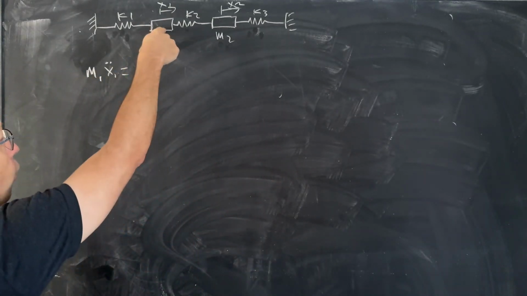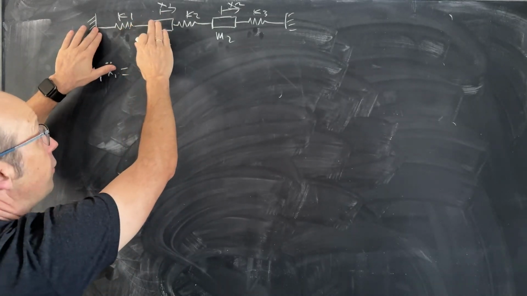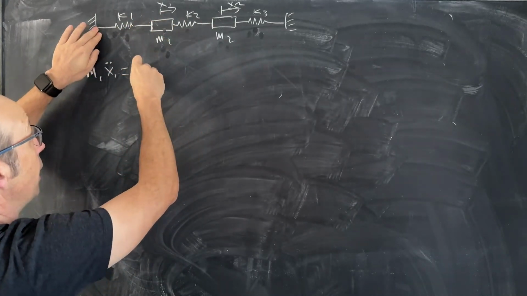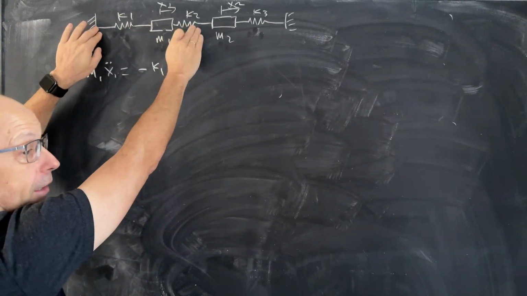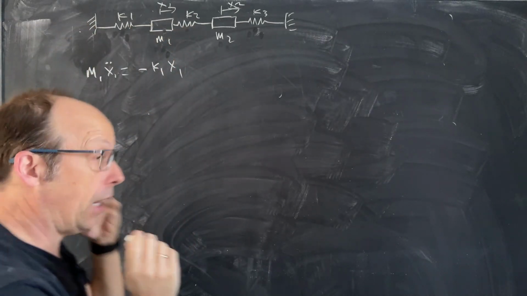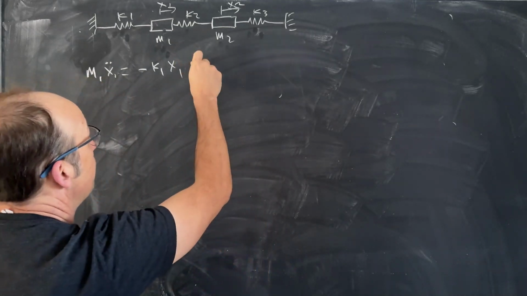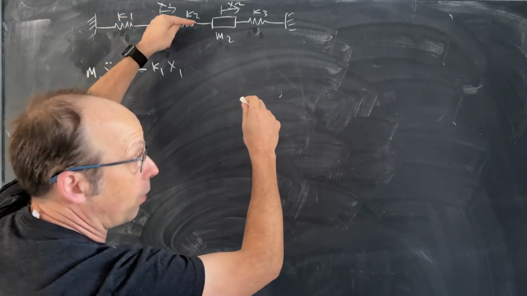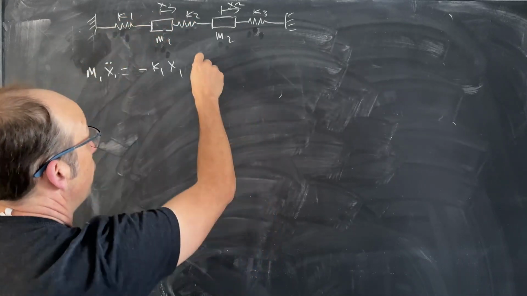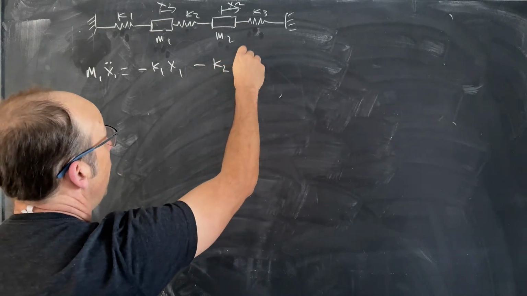Now, what forces act on this mass? Well, the first one is this spring right here. So if this moves in the positive direction, I'm going to get a negative k1 x1, right? Because if it moves that bit, then it's going to stretch. Now, this is where I always make mistakes, but we got it. Now, this spring also exerts a force on it. If the mass moves that way, we're going to get a negative spring force, so negative k2 times x1.